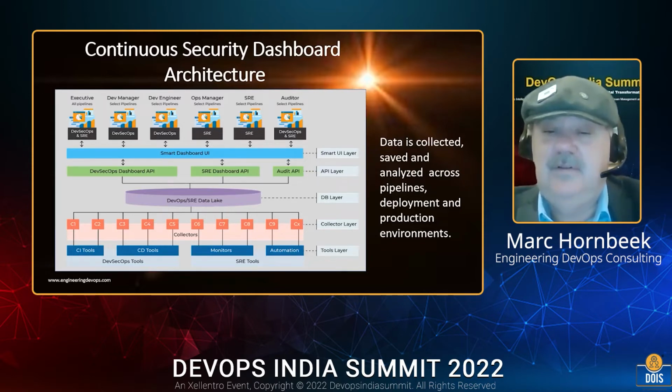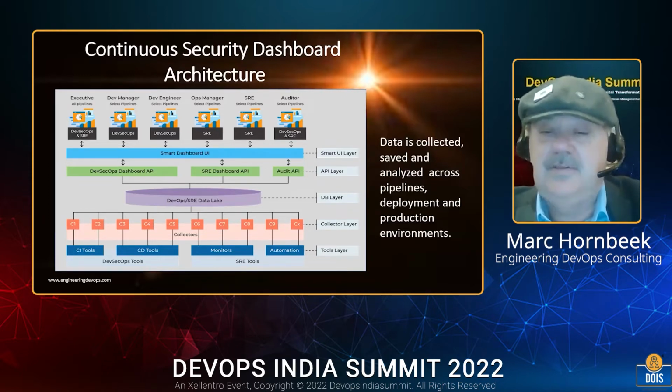At the highest level, an enterprise continuous security architecture requires a smart UI layer to consume security data from many DevSecOps and SRE sources and to organize data sets into different display formats that suit the needs of different types of stakeholders. For example, executives want strategic level summaries that help them direct security actions across their entire organizations, while DevOps or SRE engineers want more detailed information to assist in their roles. This layer also provides the flexibility to provide compliance data to auditors.